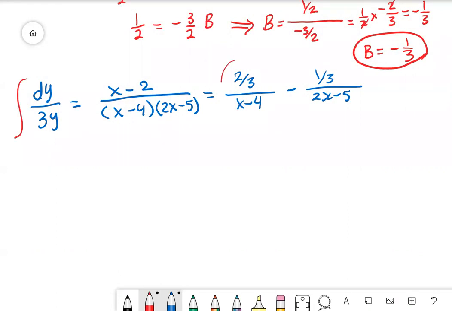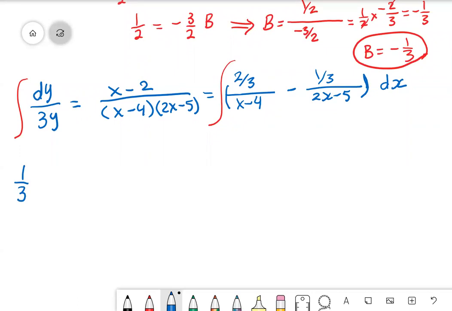Integration of this, with this, dx. Okay? So, dy over 3y, we can take the 1/3 outside. So this becomes 1/3, and the integration for dy over y is ln y.